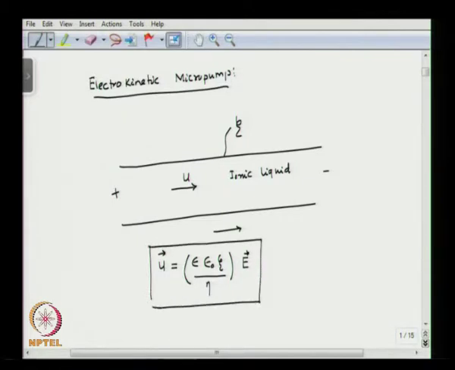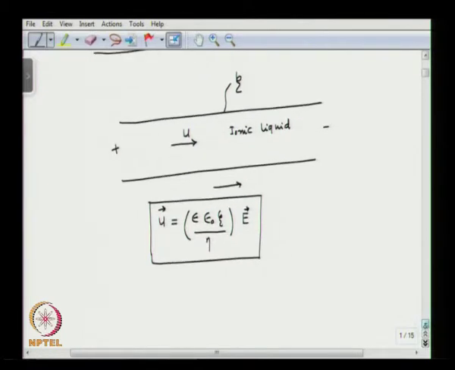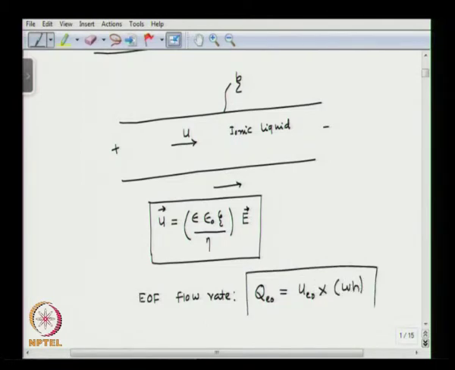Now knowing the area of cross section of the channel, we can find the electroosmotic flow rate. For a rectangular channel, we have seen that the electroosmotic flow rate is given by the velocity into the area of cross section, the width into height.